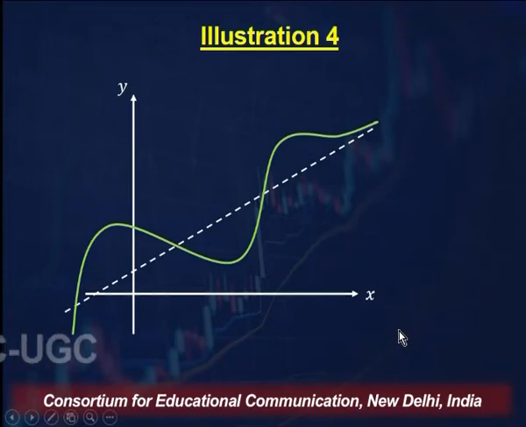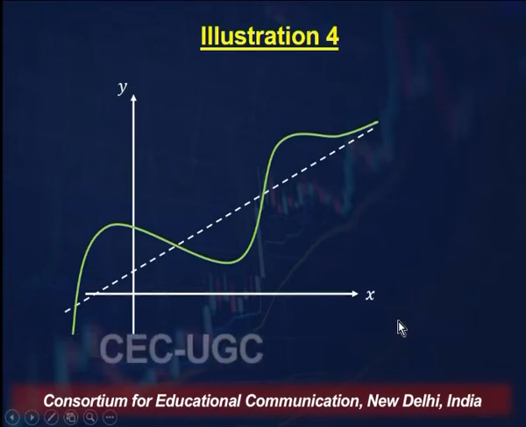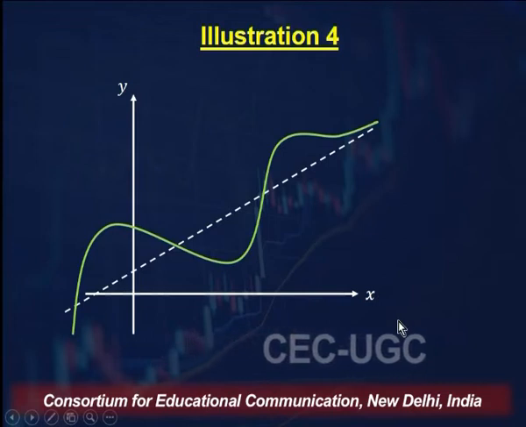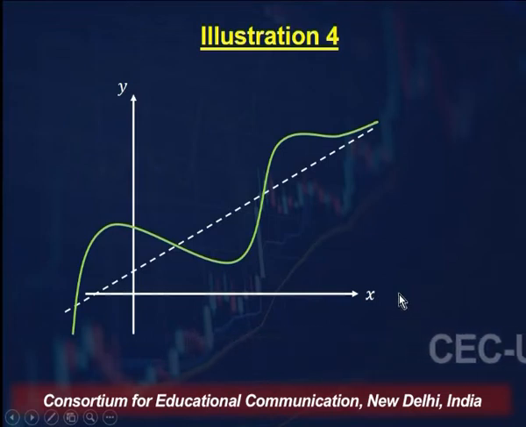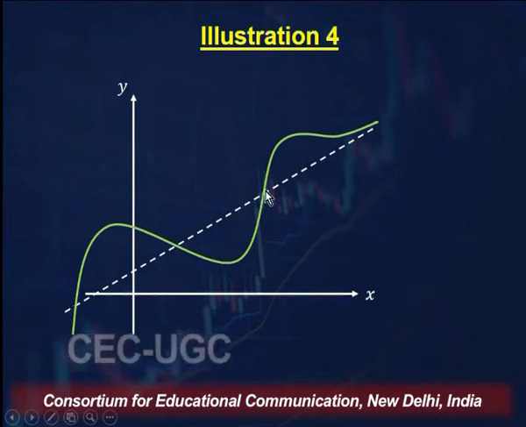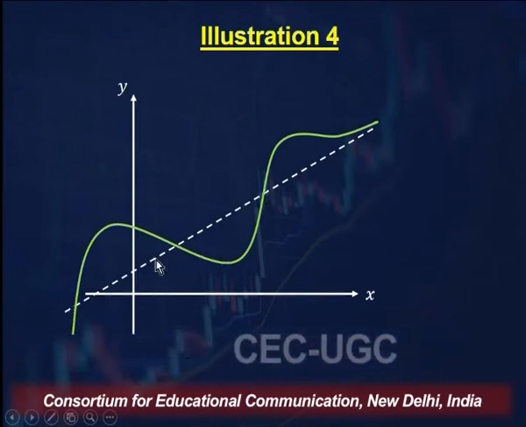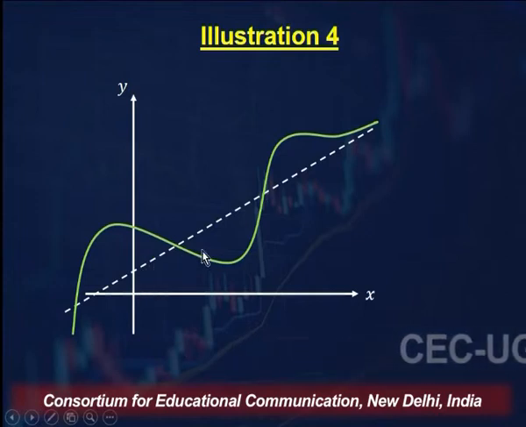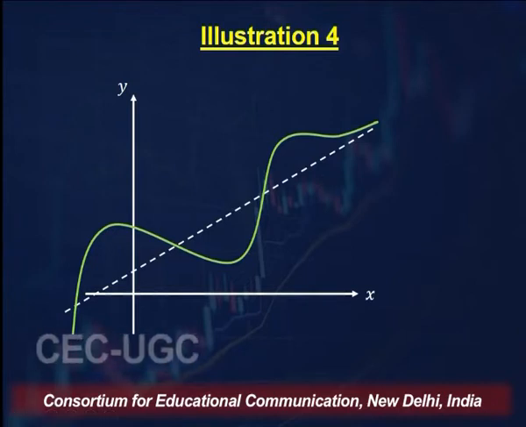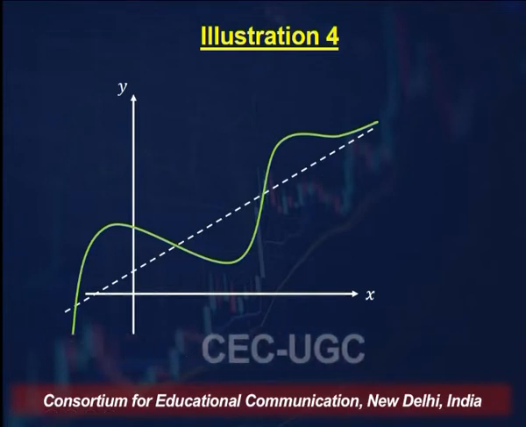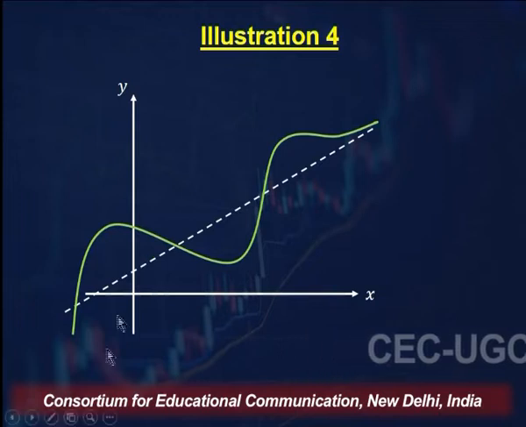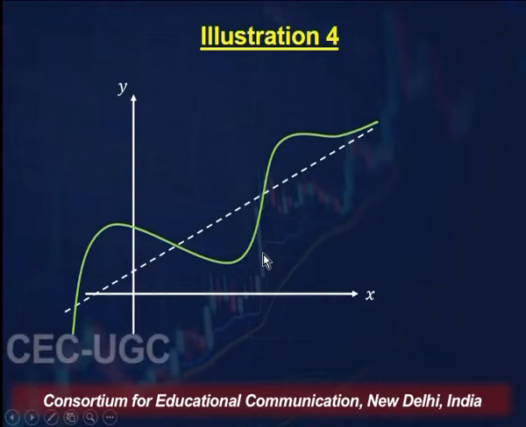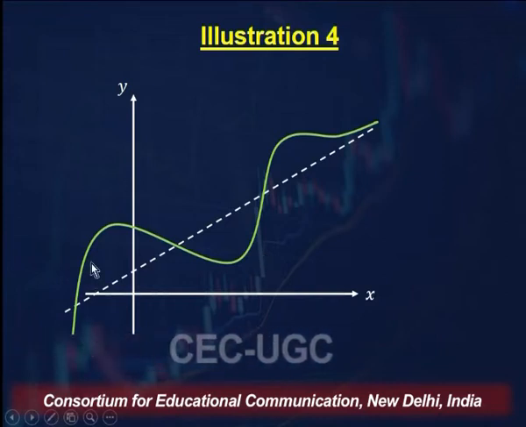This is another illustration that I have to show you. I showed you one point of intersection in the previous picture. Now you have a new picture here. Okay, here you have 1, 2, and 3. You actually have 3 points of intersection. This is actually the case of an oblique or a slant asymptote. So here also you see intersections, but what is nice about this graph is that the amplitude of the wave becomes smaller and smaller.